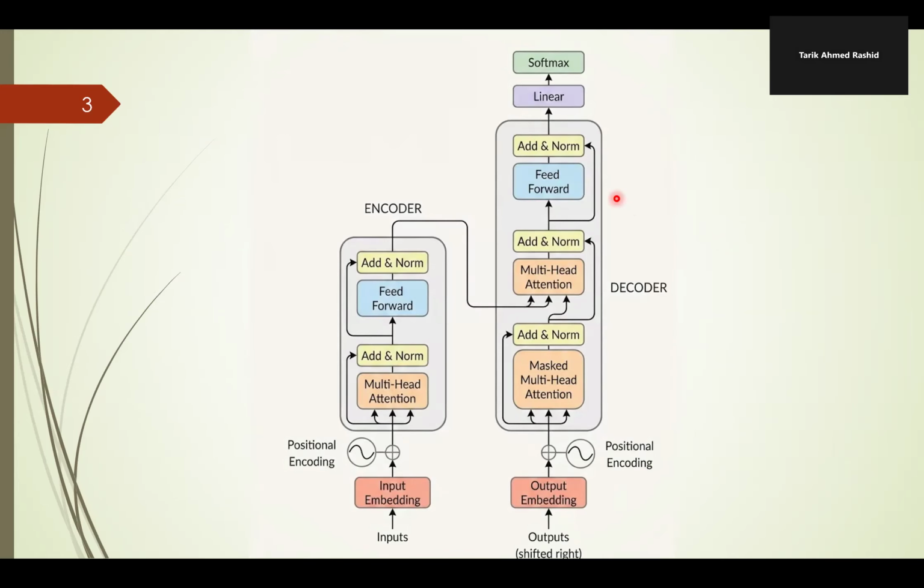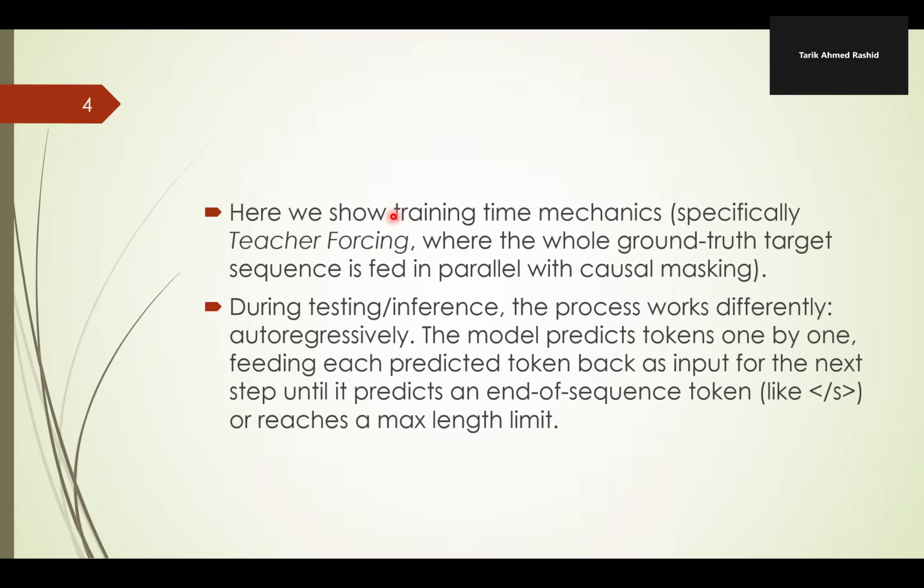Now, this is the encoder part, this is the decoder part, and we are trying to show training time mechanics. When we talk about training, it means teacher forcing. And when we talk about testing, we talk about inference.